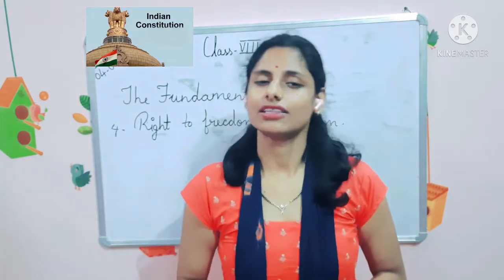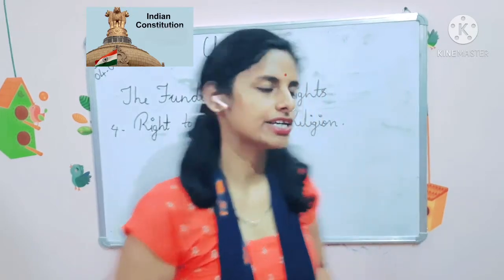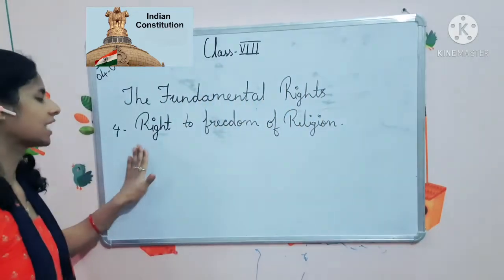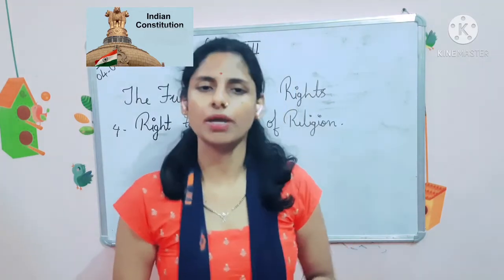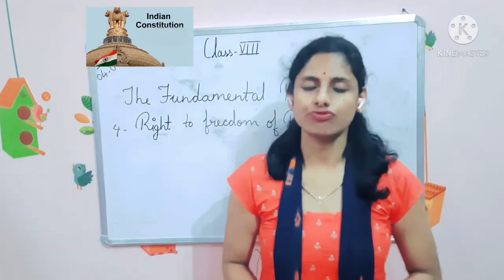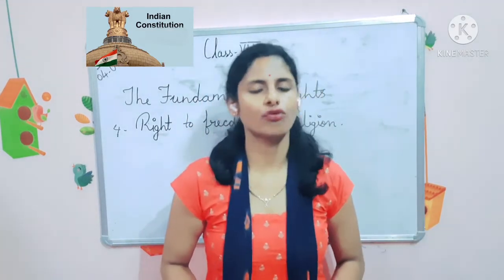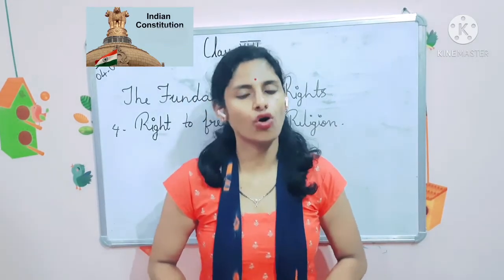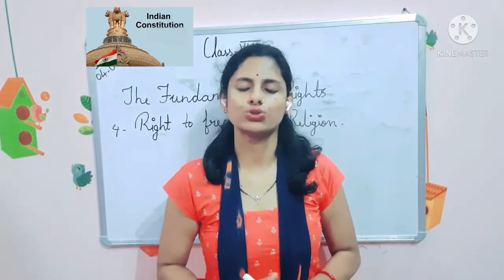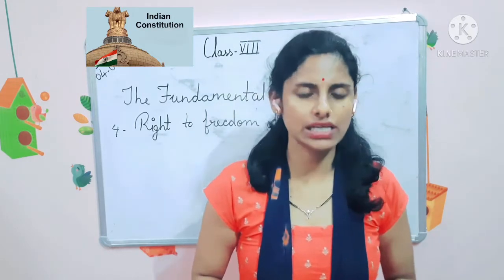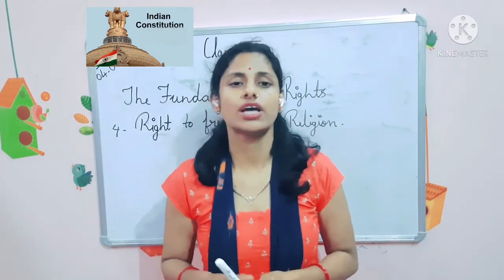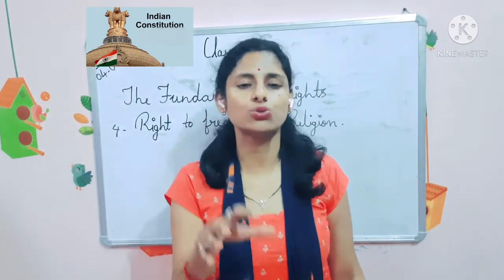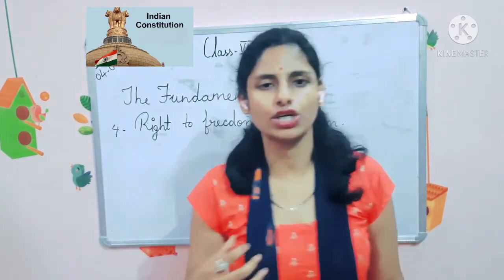Let's discuss the fourth fundamental right of our constitution, that is the right to freedom of religion. All the people of the country are free to choose any religion, and no one can be forced to choose any religion, as it was before, when the Britishers forced us to choose the religion of their choice.